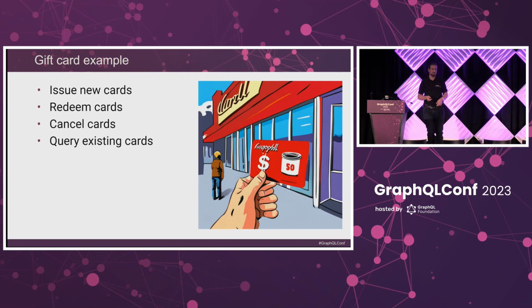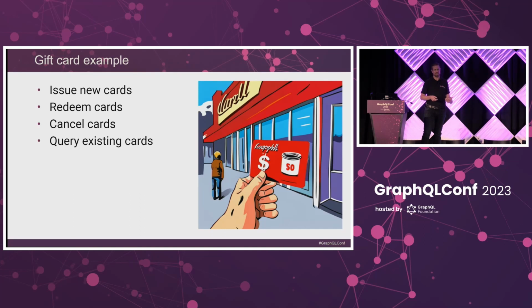I will be using a gift card example, which is a very simple application that we also use as a demo project. You can create a new card, which comes with a certain ID, so that should fail if that card already exists.